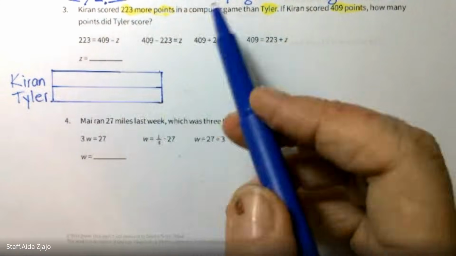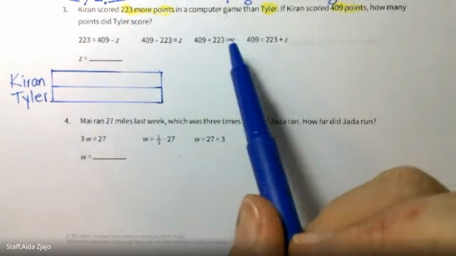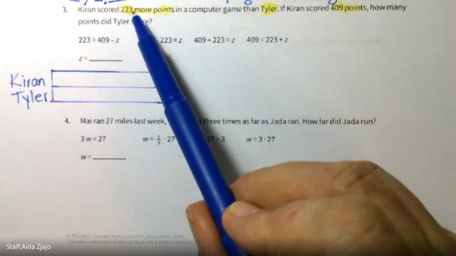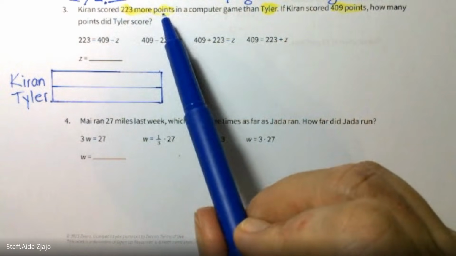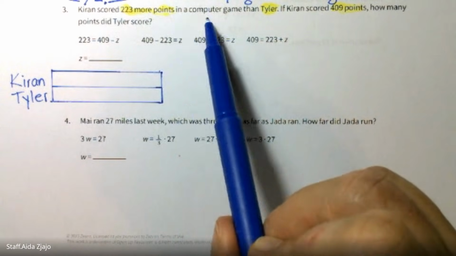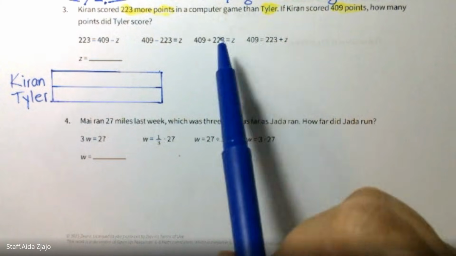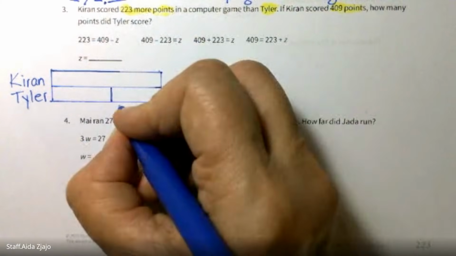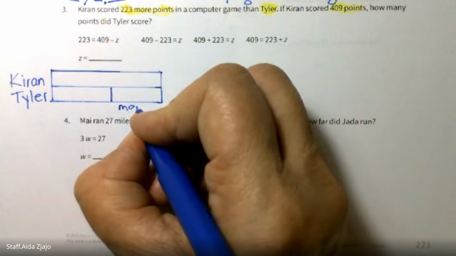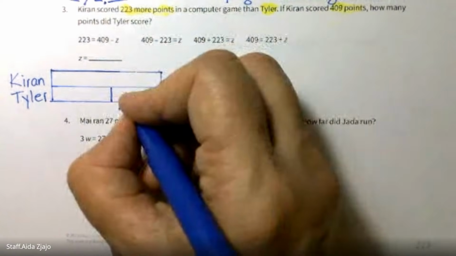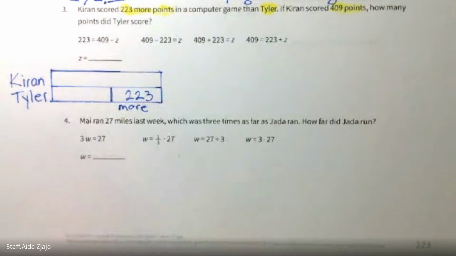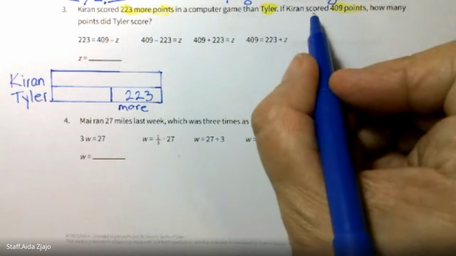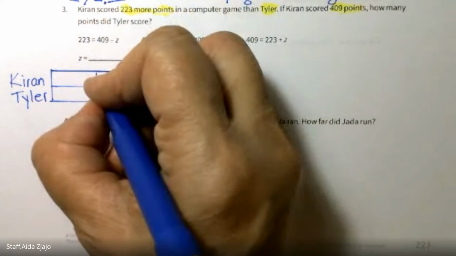If they have the same, they both scored the same. But Kieran scored 223 more points than Tyler. So Tyler is smaller, because the difference is 223.